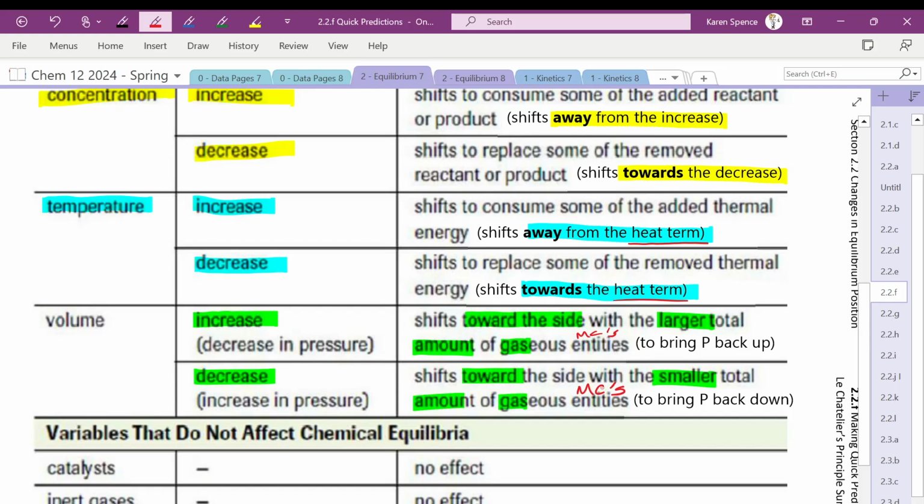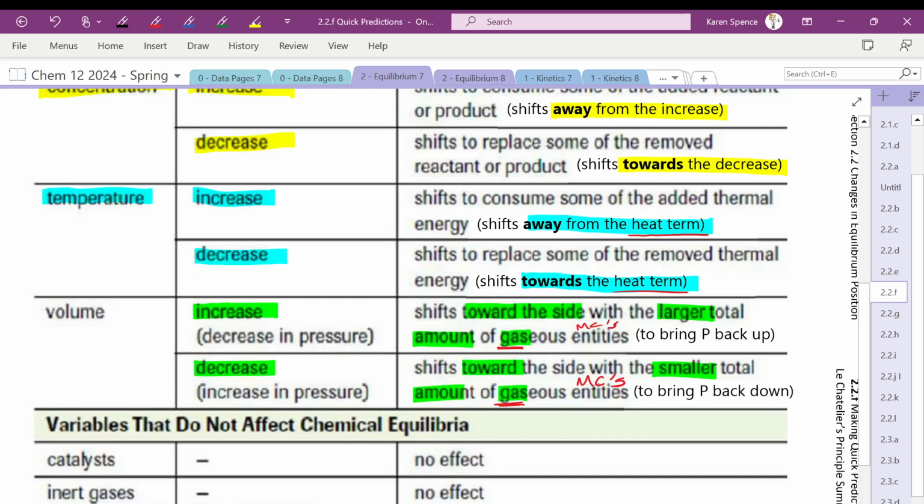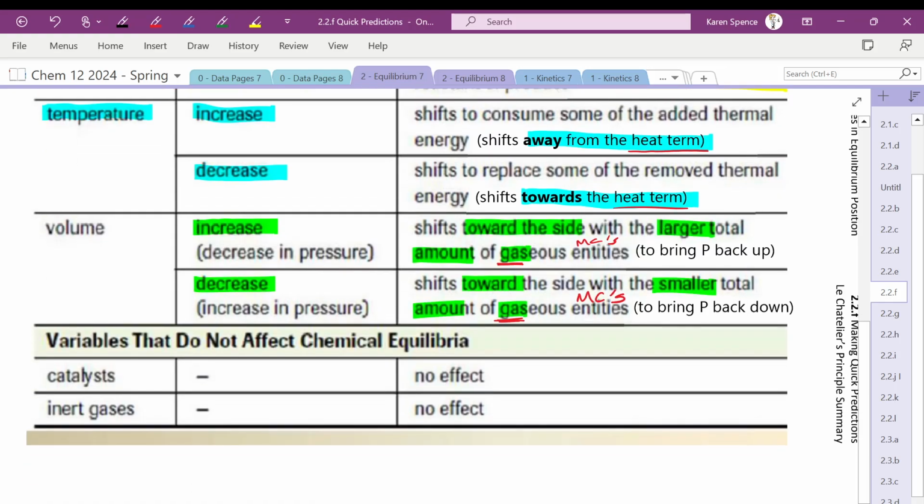Do you remember last week I said you need to talk about gas molecules when we talk about shifting due to pressure? You can't just say molecules, you need to say gas molecules. Okay? Catalysts have no effect, inert gases have no effect.